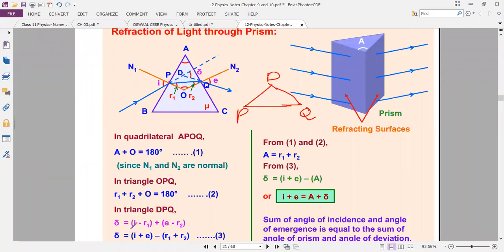Now delta equals I minus R1, angle of incidence minus R1, for this one. This is the angle of incidence. In this angle, I minus R1 plus E minus R2. E means angle of emergence, minus refraction 2, R2.